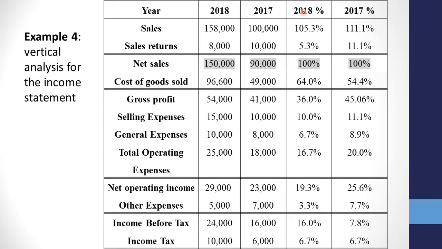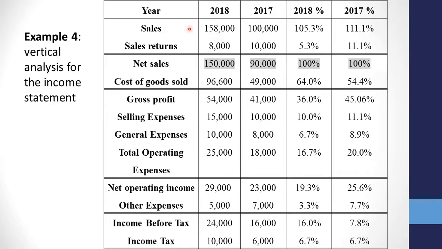We're going to add two more columns, one for 2018 and one for 2017, to get the percentage of each item of each year. But here we are going to divide each item by the net sales. This is 100%, or this is the whole that I am going to divide every single item within the income statement by for each year.